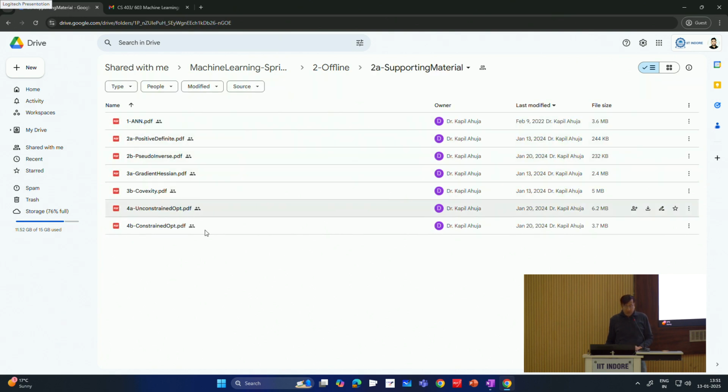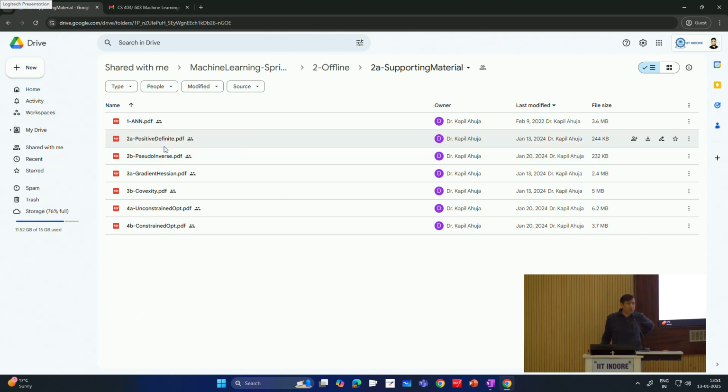In terms of supporting material, the first one was ANN, which like I said we're not doing in the class because CS undergraduates have done it and it's out of scope for a machine learning class. So what we're going to do is go over these PDFs today. The way I've segregated them is 2A, 2B, 3A, 3B, and 4A, 4B. In 2A and 2B I'm just reminding you a little bit of linear algebra.